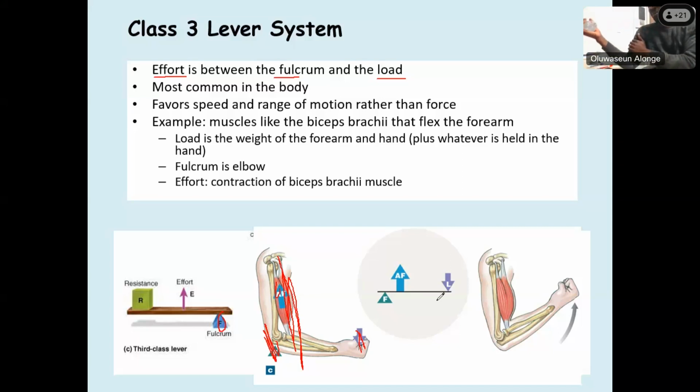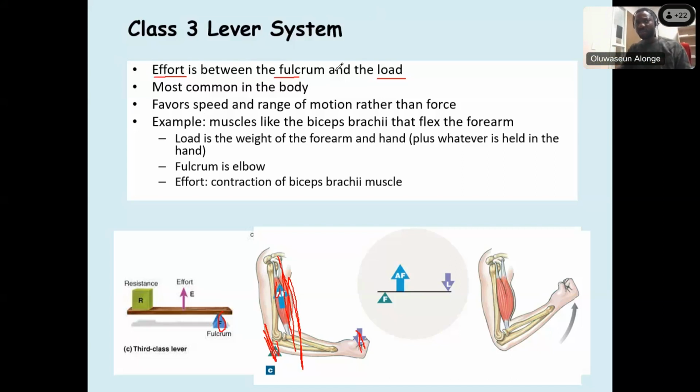So as I'm moving forward, you notice that the bicep are contracting, shortening. All right. Now, so the load. Now, when you do this now, you notice it on your biceps. All right. So here is where the contraction is, applied force. This is the fulcrum at my elbow, and the load is the bone itself coupled with what I'm holding with it. All right.